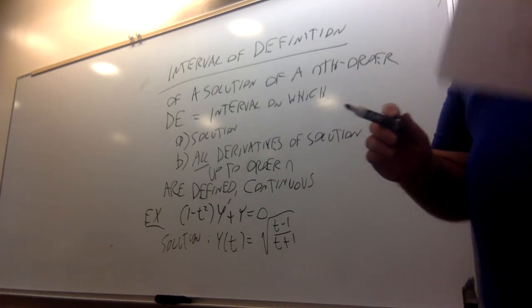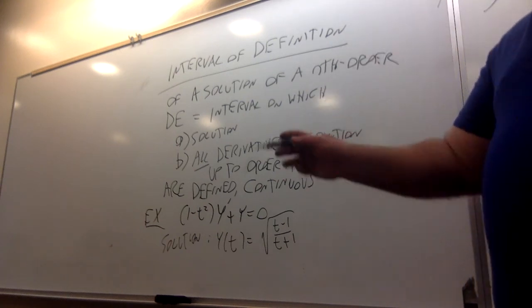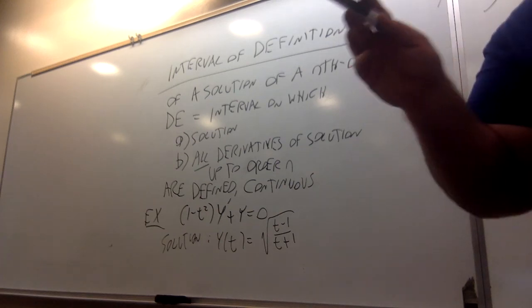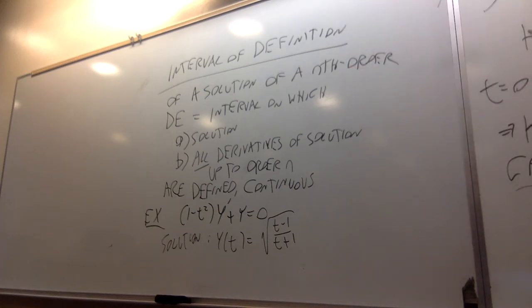Or it might be easier to ask, where is it not defined? Sorry, what? T equals 0. That's true, it's not defined at t equals 0. What's the problem at t equals 0? It becomes a negative. Yeah, square root of a negative number. Okay, so that's one thing that could go wrong, taking a square root of a negative number. What else could go wrong? t equals 1, and negative 1.